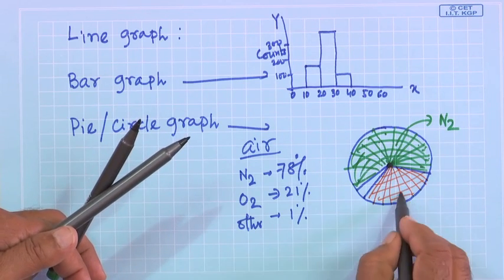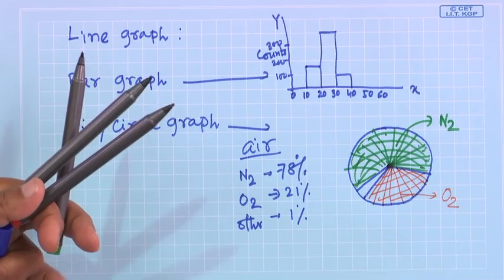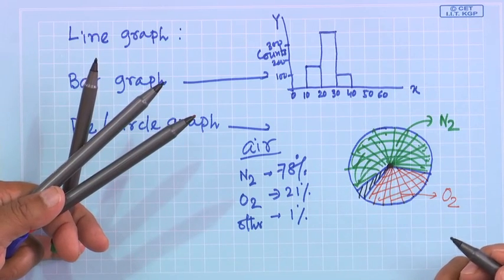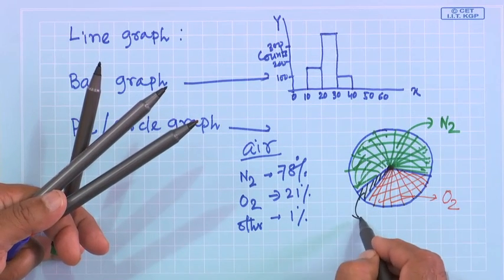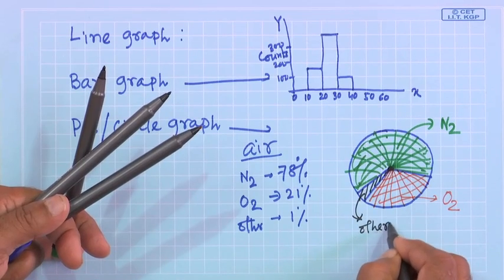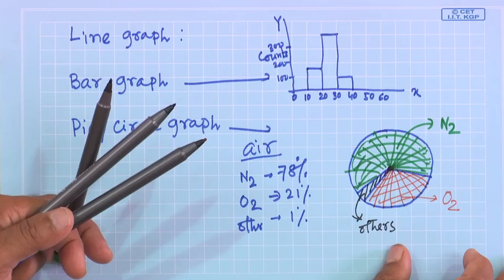Okay. This portion is for oxygen, and this other part, basically this part, is 1%. So, these are the others. Okay. So, this is the pie chart.